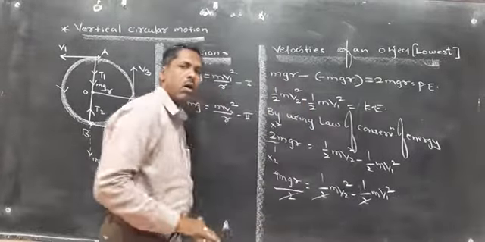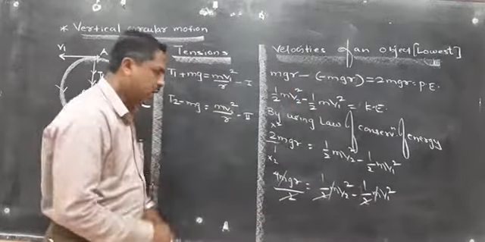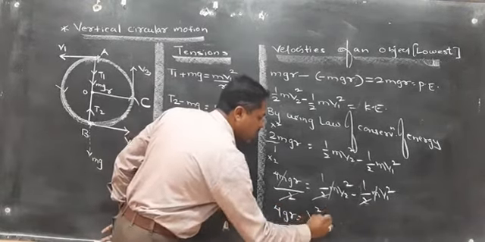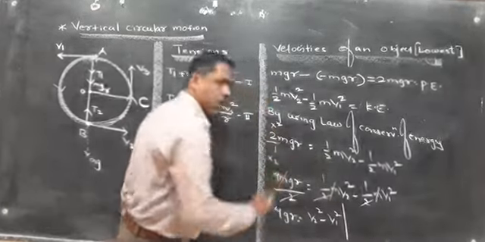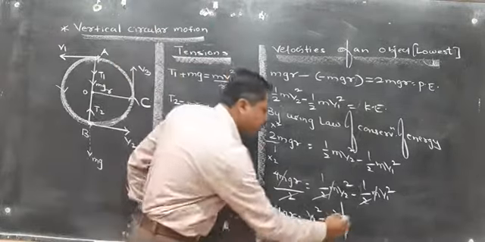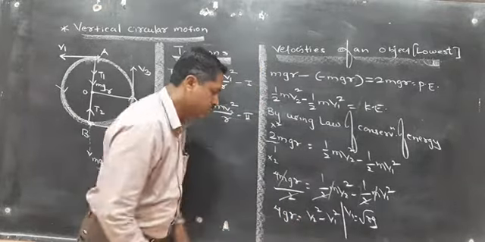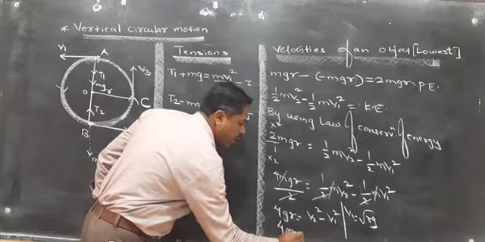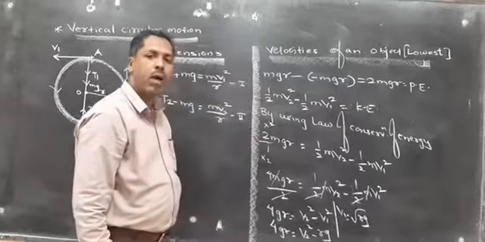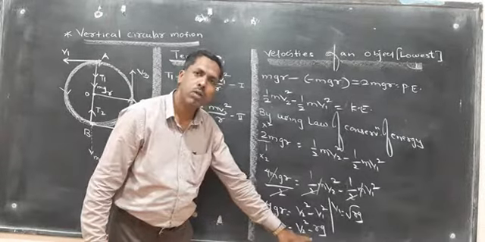2 of both sides gets cancelled. m also gets cancelled. What remains? 4gr is equal to v2 square minus v1 square. But we have just calculated the value of v1, that is v1 is under root rg. Put the value here, it becomes 4gr is equal to v2 square minus only rg. Why? Because under root rg square becomes only rg.